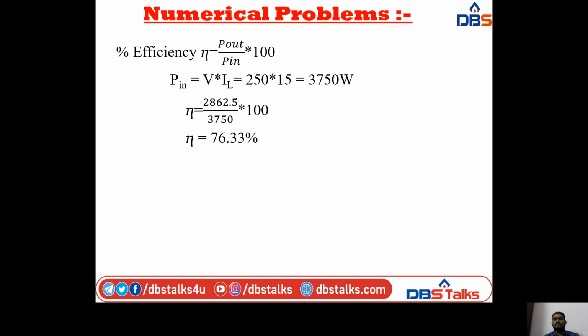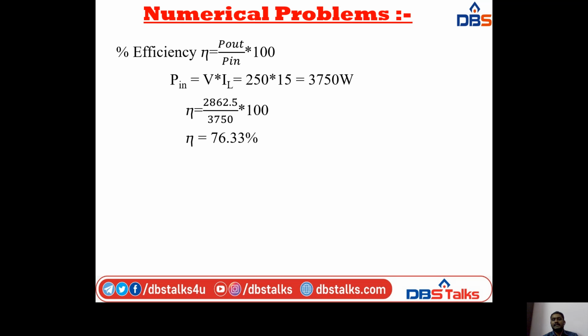And one more thing I forgot, that is efficiency. You know the efficiency formula, output power by input power, and in percentage it is output power by input power into 100. We already calculated the output value, and now we calculate the input power, P in is equal to V into IL.